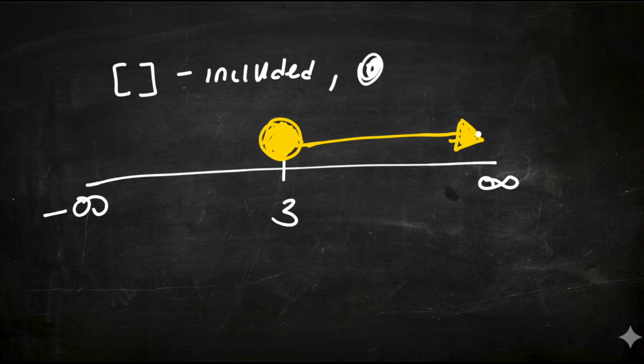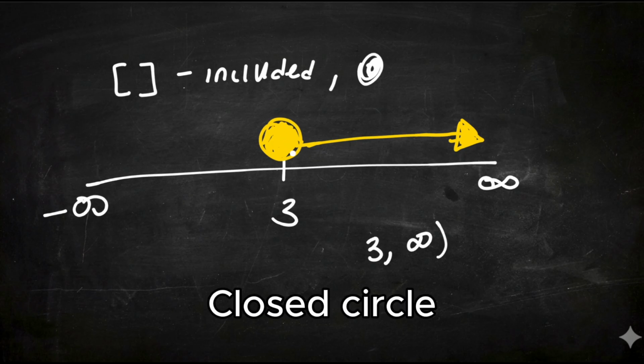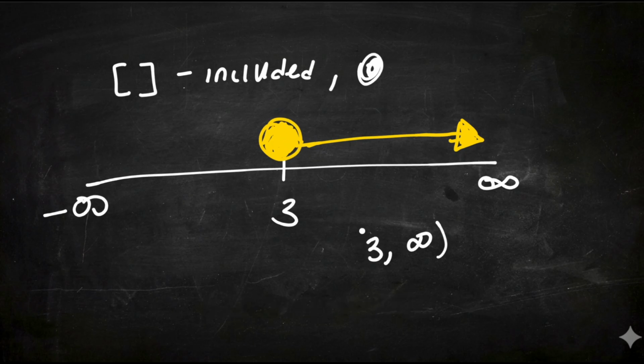We start with the smallest number, which is 3, and the biggest number, which is infinity. Since infinity is not a real number, it always has a parenthesis. Now there's a closed circle on 3, which means it is included, so instead of a parenthesis, we're going to use a bracket. So this is what this will look like in interval notation.